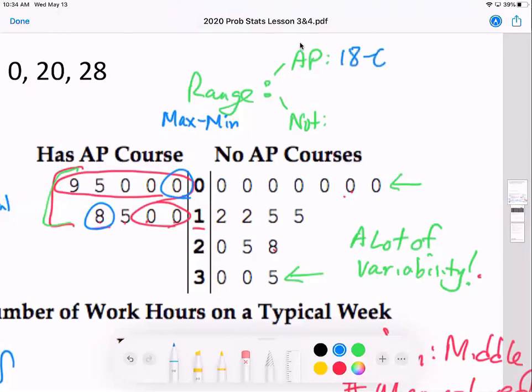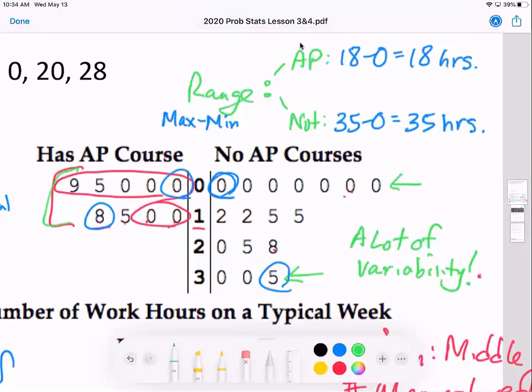So 18 minus 0, the range is 18 hours. Compared to the non-AP courses, the maximum is 35 and the minimum is 0. So you can see the variability, at least according to the range. There are other measures of spread that we'll look at in this lesson. But when it comes to the range, the students who aren't in AP classes have about double the range.